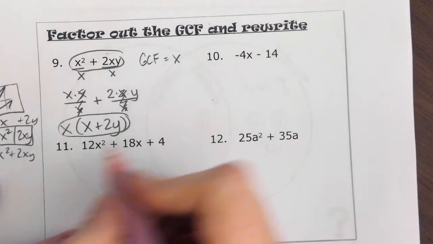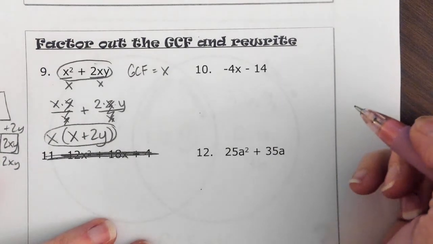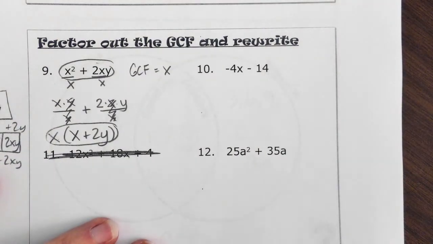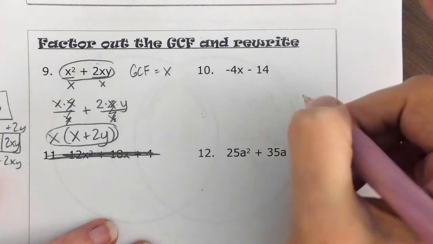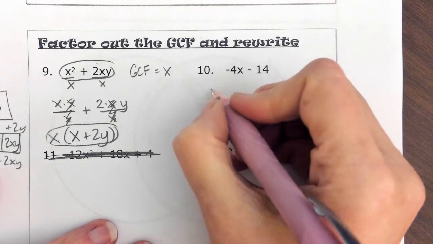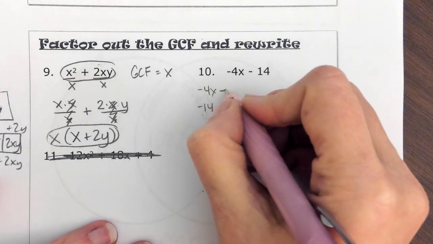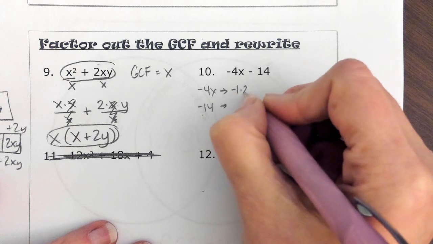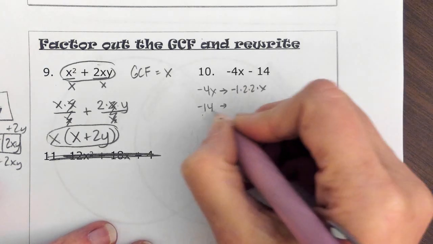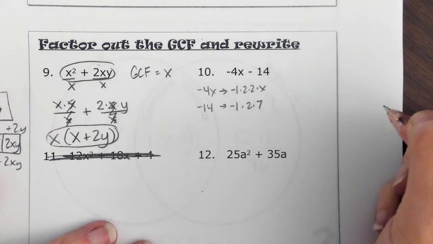For this one, we're not going to do the other one, by the way. I have -4x minus 14. So I'm going to start by finding my GCF. I have -4x and -14. Well, -4x is -1 times 2 times 2 times x. -14 is -1 times 2 times 7.